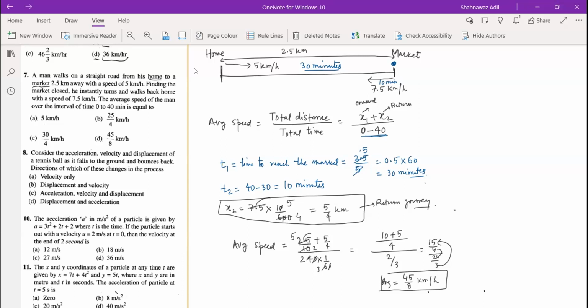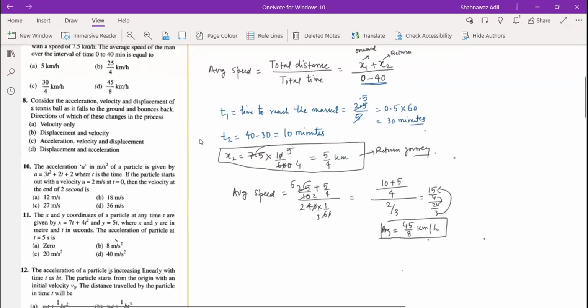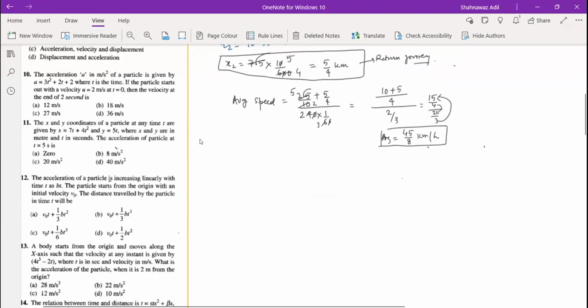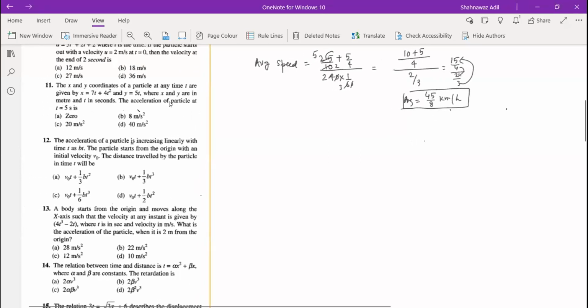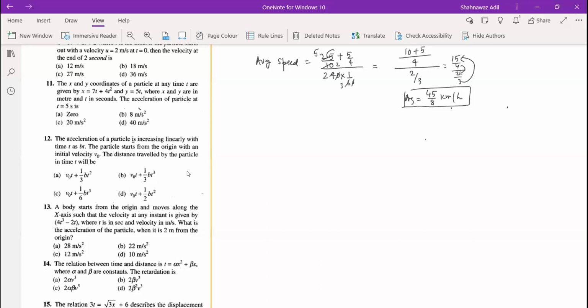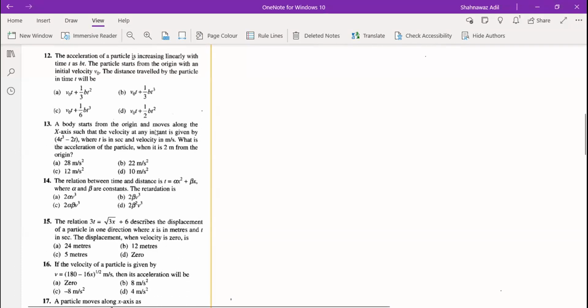Yes, sir, noted. Yeah, so now let's do some parametric questions, right? The particle starts from the origin, and the distance is increasing linearly. We have a simple question: the acceleration of the particle is 2 meters from the origin.